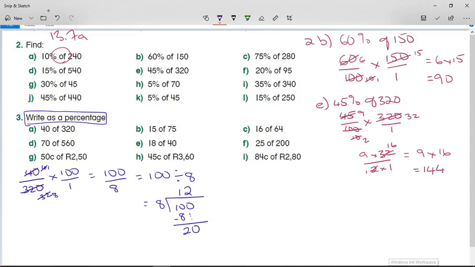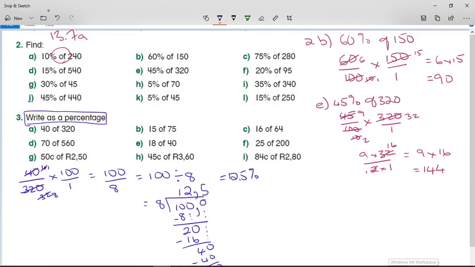So 8 2s are 16. 20 minus 16 is 4, so I'm going to put a comma here. I'm going to put a naught, and then bring down this naught to over here. So 8 goes into 40 5 times, and then I'm finished with my fraction here. So 100 divided by 8 is going to be 12,5, and remember, I'm writing this as a percent, so it is 12.5% like that.